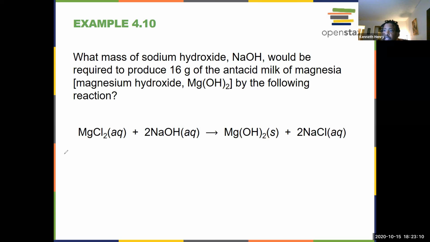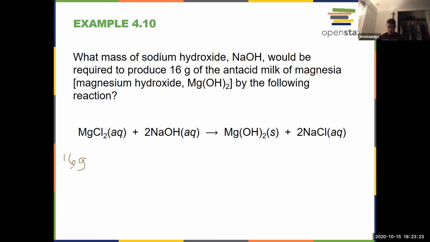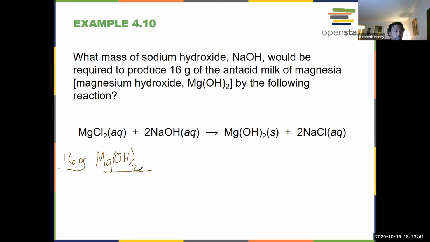Okay, so I have 16 grams. Okay, so how do I change grams into moles?